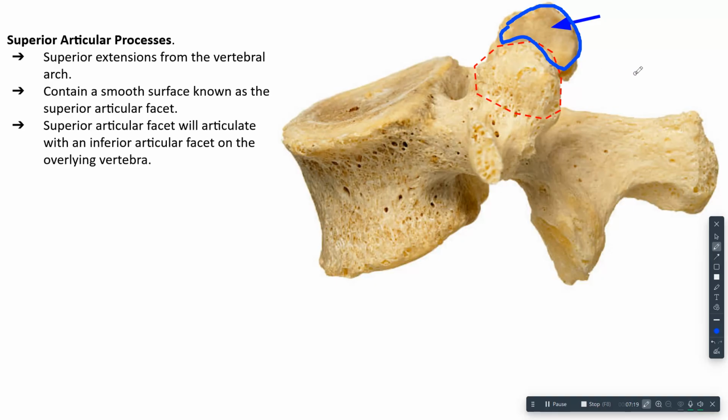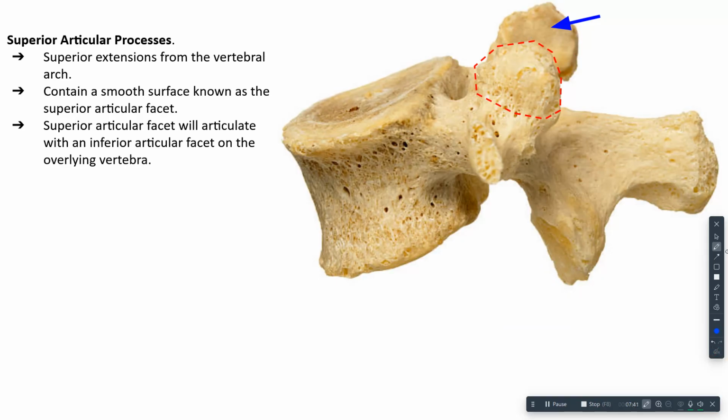And what's going to happen, as we'll see in a second, is the superior articular facet on this vertebra is going to articulate with the inferior one on the vertebra above that. And that's going to help anchor the vertebrae. It's going to lock them together to give you more stability and support.